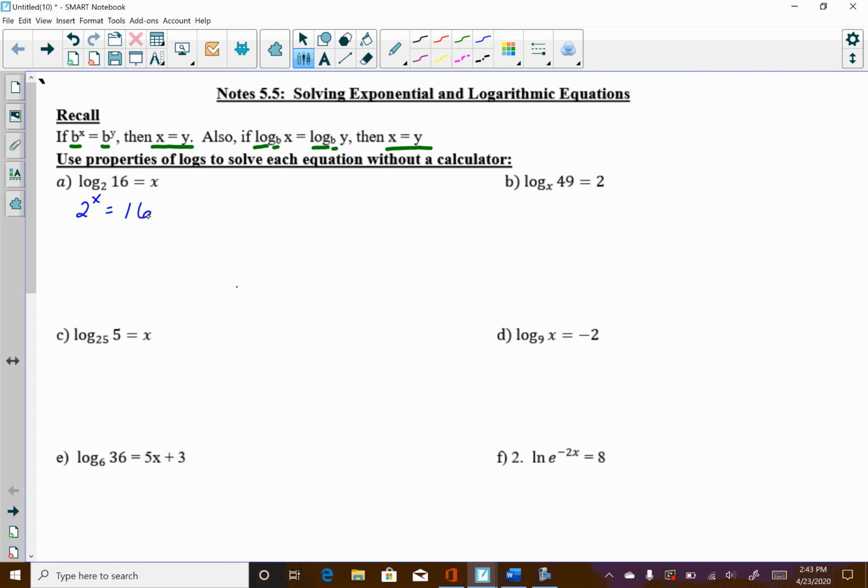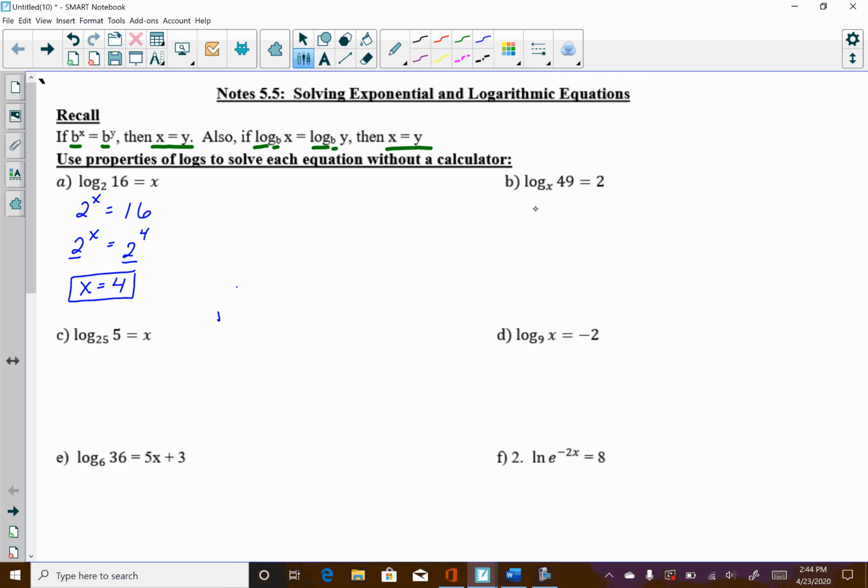Some of you might just say, oh, I know what the answer is, and if you do, then great, go with it. Another technique, though, is to ask how I could write 16 as 2 to a power. Well, 16 is the same as 2 to the fourth power. Now I've got the same base, so I can drop those, set the exponents equal to each other, and I'm already solved. Final answer.